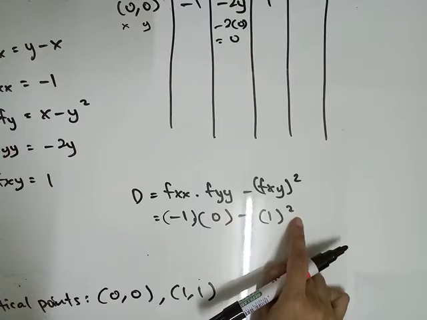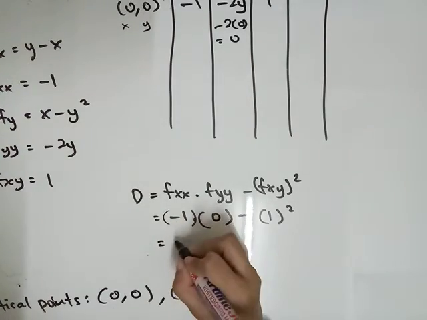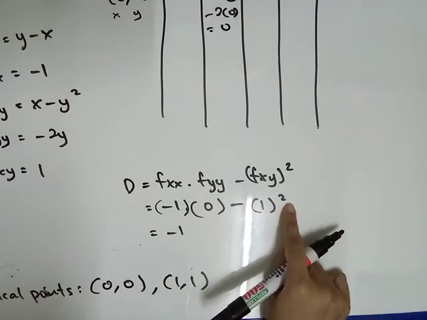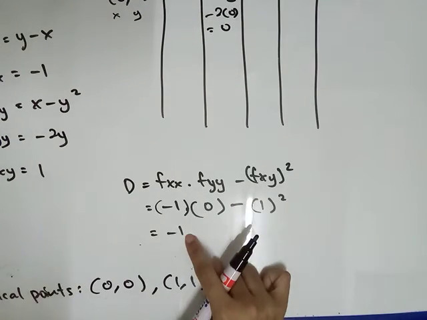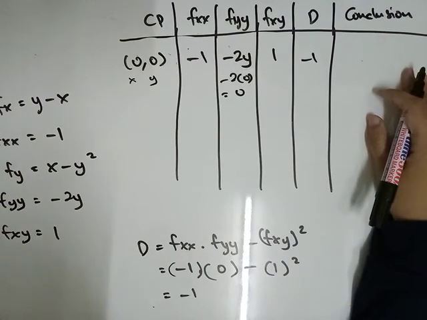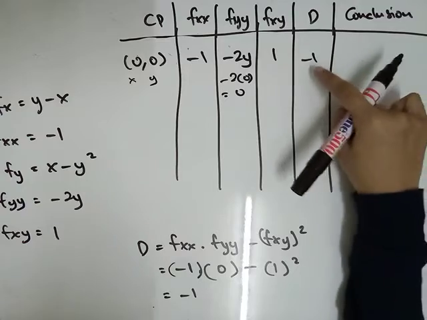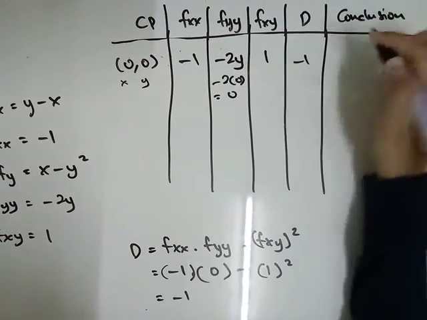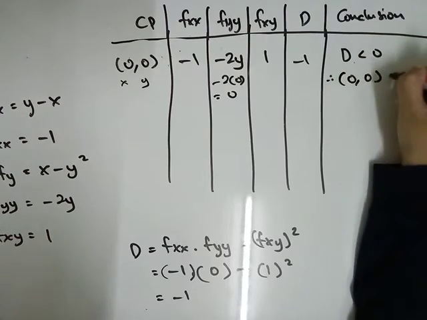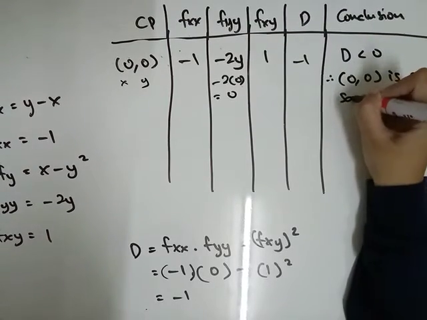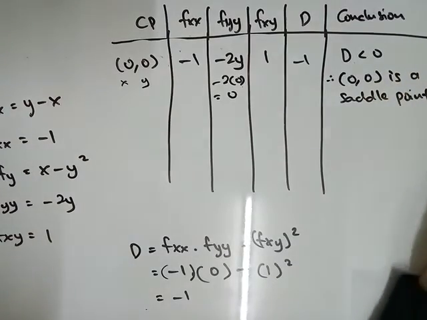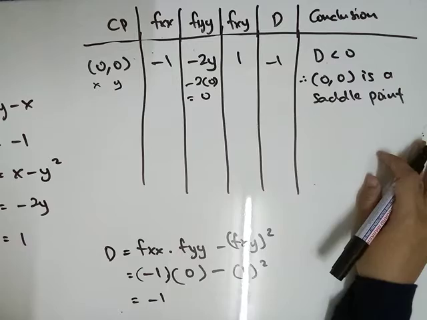Then 1 square, we get 1, and we have negative here, so the answer for D is -1. Look at your notes. If D less than 0, it means the point (0, 0) is a saddle point.